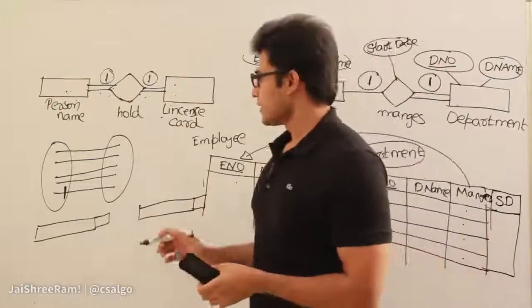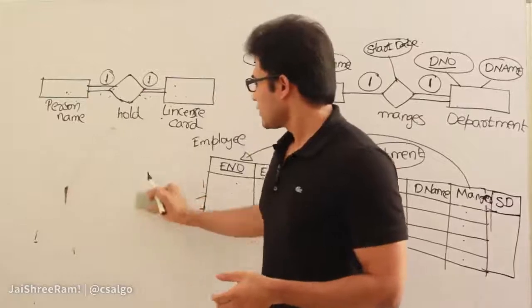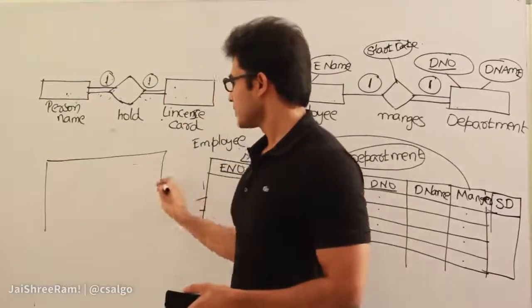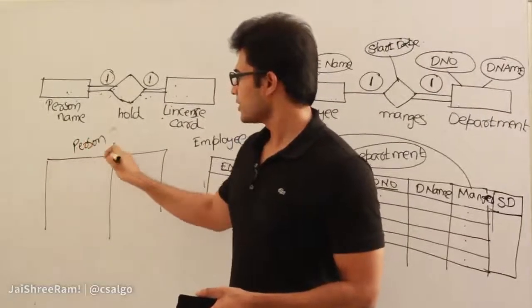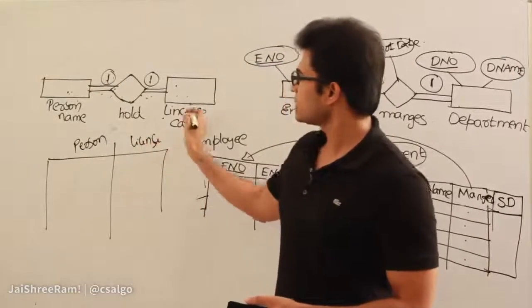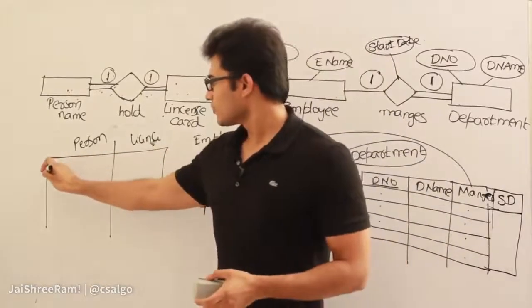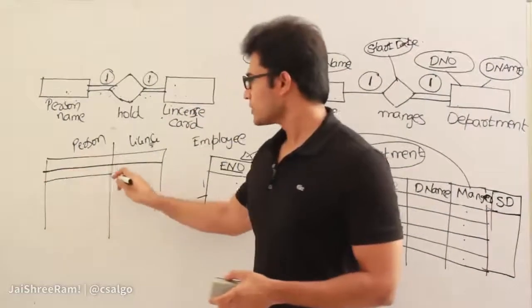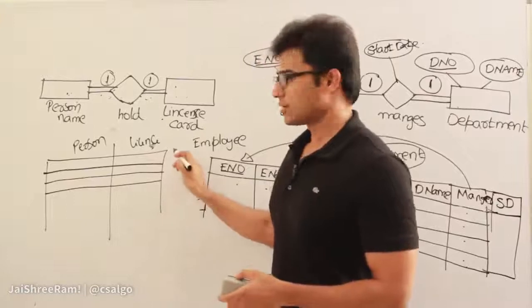So what happens is, when you combine both the tables, see this, already we have the person table, because it is a strong entity, and already we have license. Let us say license is a strong entity and not a weak entity. Then we are going to combine these two tables and put them in one table, right?